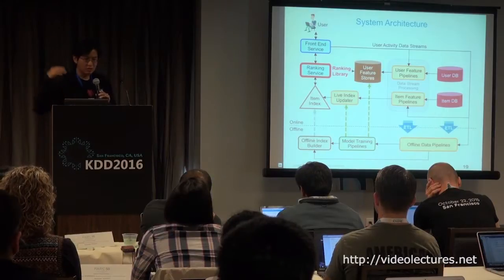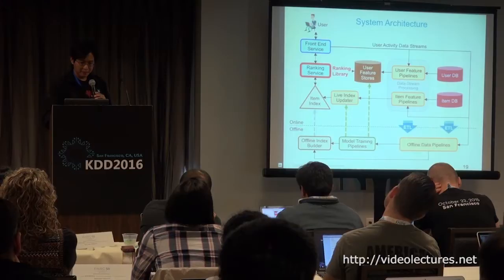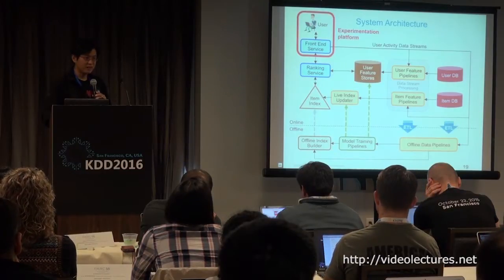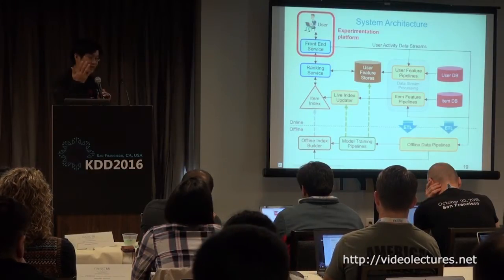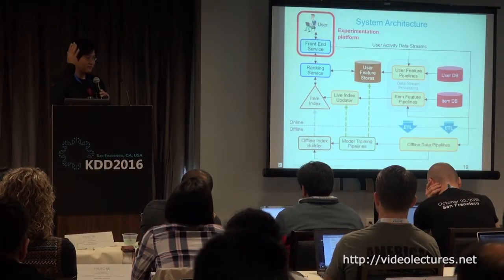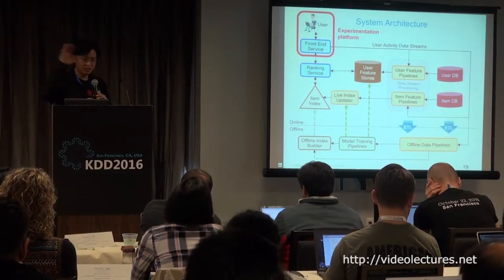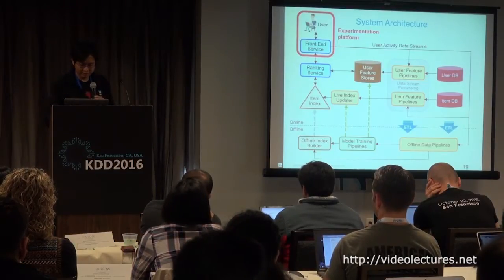And finally, we display the result to a user. And it's very important that we have an experimentation platform that can create different buckets of users, generate different random samples of users, and then test different models on different random samples.